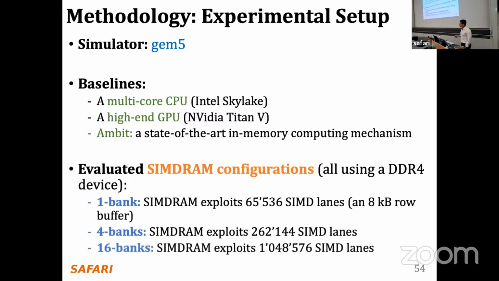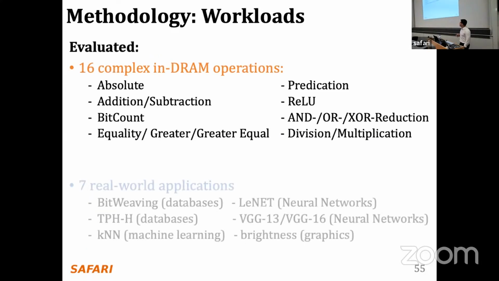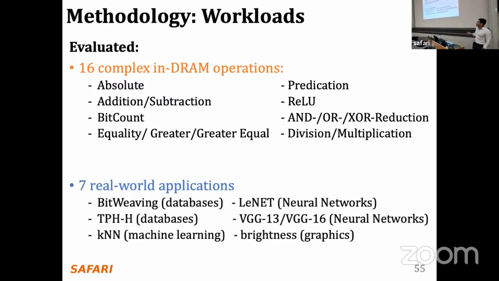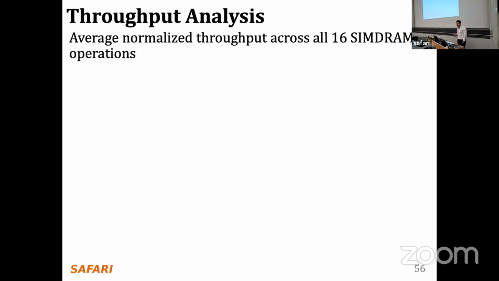We also evaluate three configurations of SIMDRAM using 1 bank for computation, 4 banks for computation, or 16 DRAM banks for computation. So we use this three-step framework to implement 16 different in-DRAM operations, including addition, multiplication, division, subtraction, and we use those operations to accelerate 7 real-world applications, including some neural networks and some database primitives.